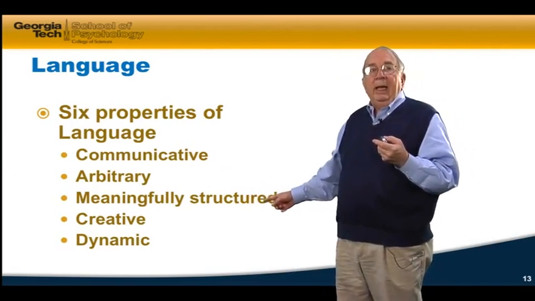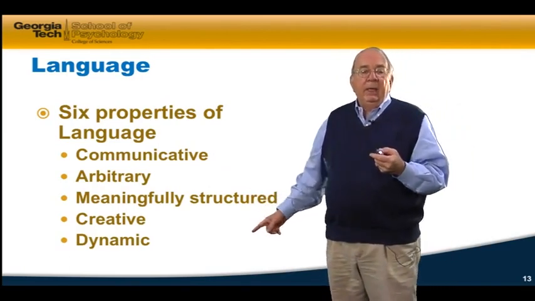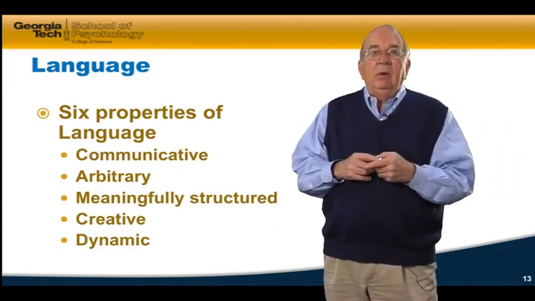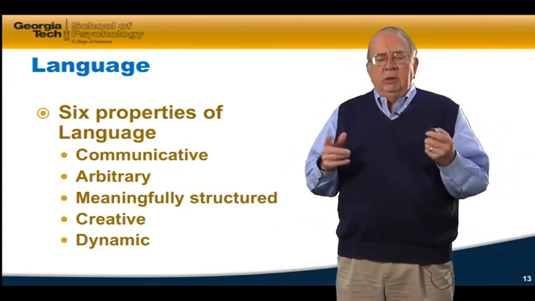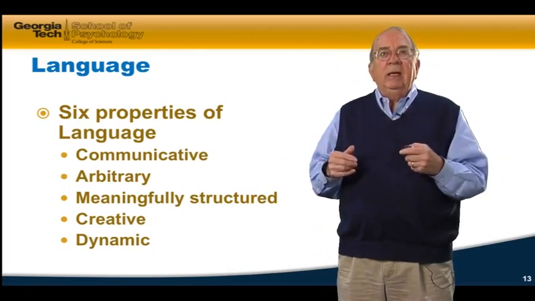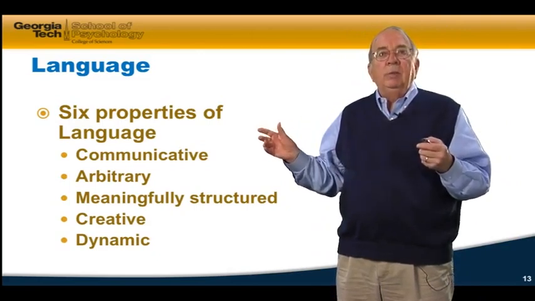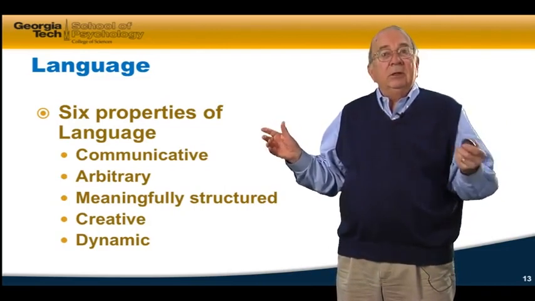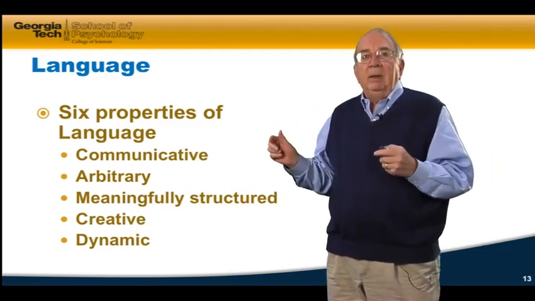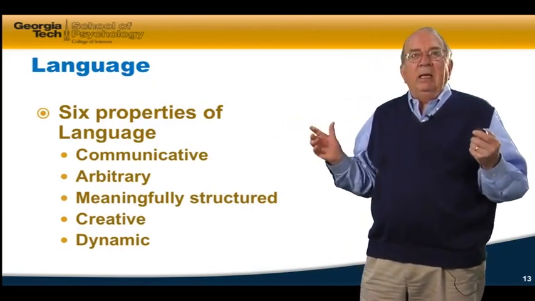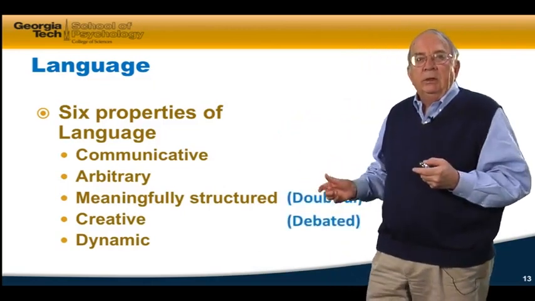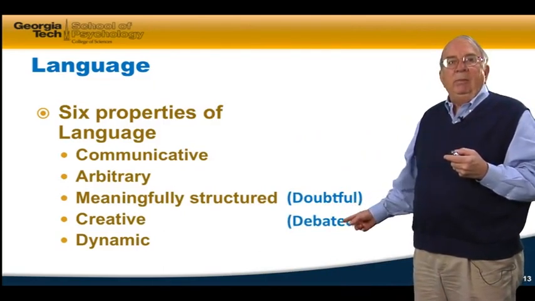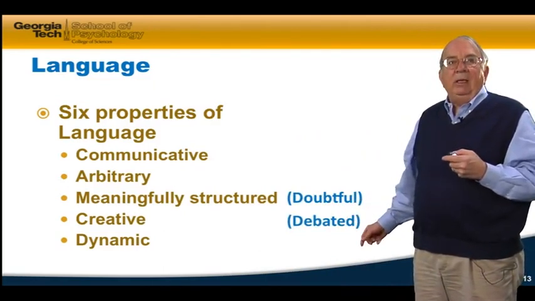And whether it's creative. There is some anecdotal evidence that it's creative. For example, some of the chimpanzees, when they saw a Pinocchio doll with a long nose, might say elephant doll. So that's pretty creative. But it seems to be anecdotal, not very strong evidence. So whether it's meaningfully structured is doubtful, and whether it's creative is debated and typically supported by anecdote.